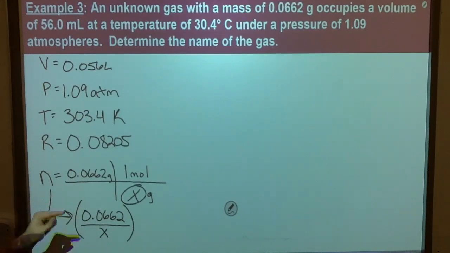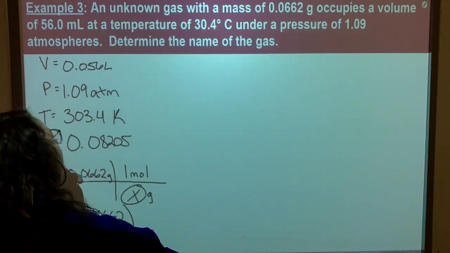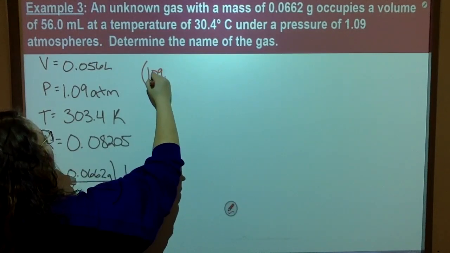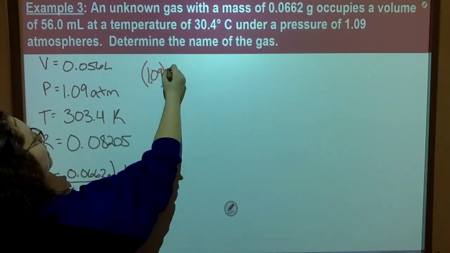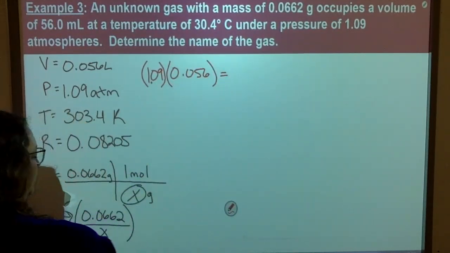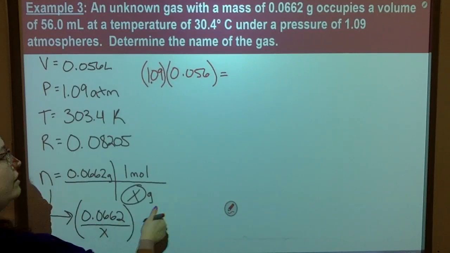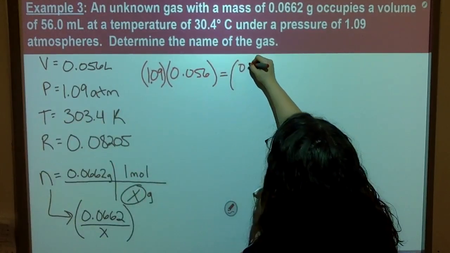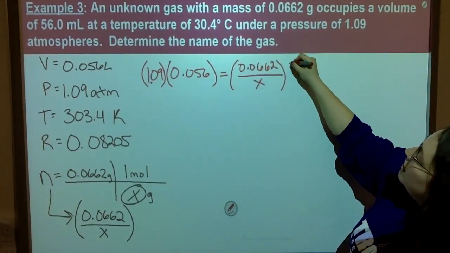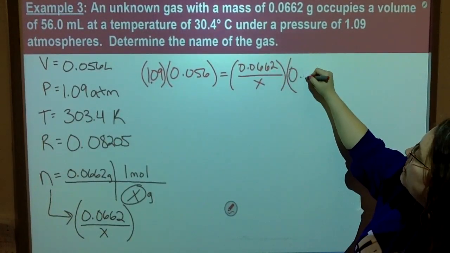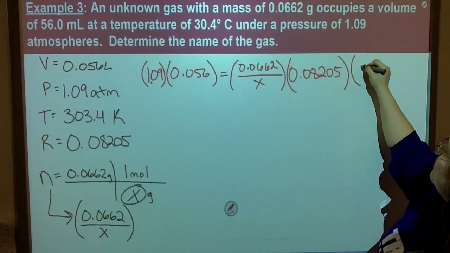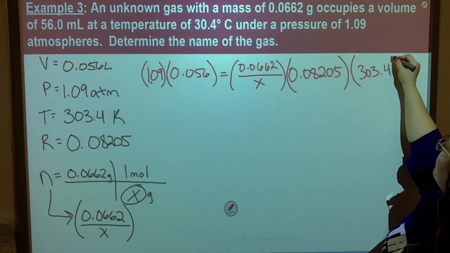So we're going to plug all this in. We know it's PV equals nRT, so we have 1.09 times 0.056 liters equals n, which is going to be this for now, 0.0662 over X, times R, 0.08205, times our temperature of 303.4.